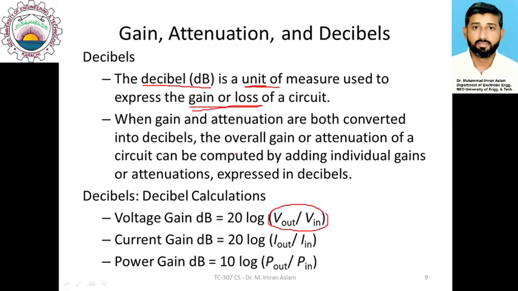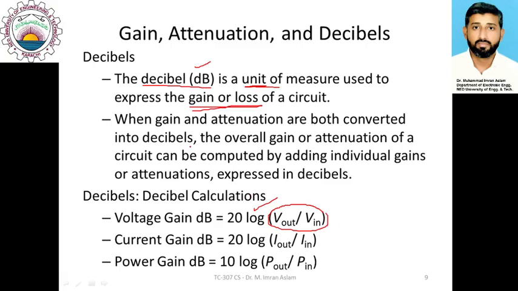So the good thing in this decibel unit is that we use a logarithm to define this unit, and the property of logarithm is known to us: whenever different quantities are multiplied inside a logarithm, they become an addition of individual logs.